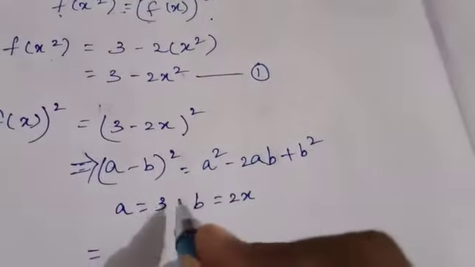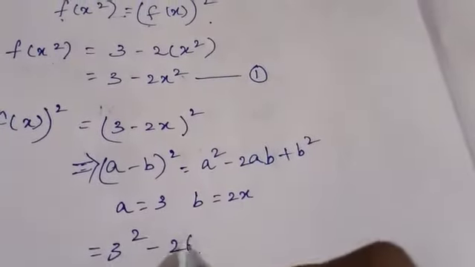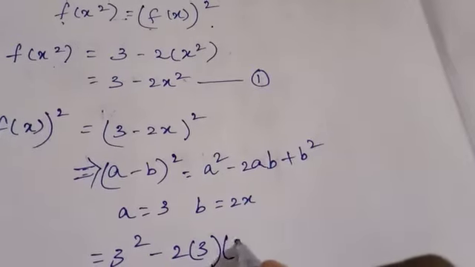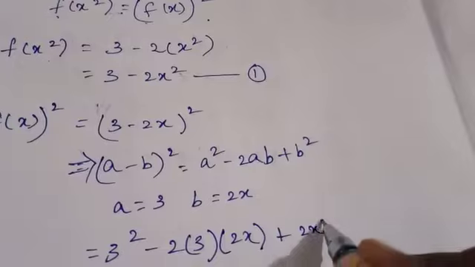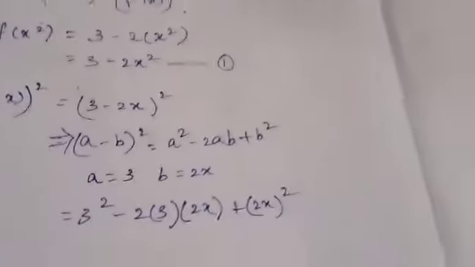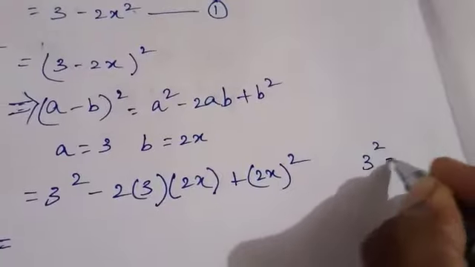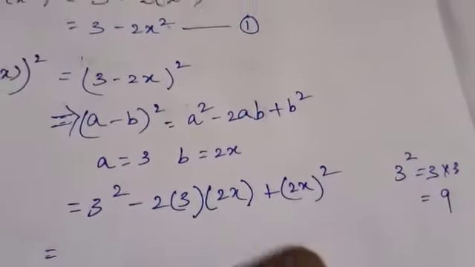Now I'm going to substitute a and b in this equation. So a square, what is a? 3. So 3 square minus 2, a is 3, then our b is 2x, plus b square, that is 2x square. Next step, 3 square is 3 into 3, so 3 3s are 9.